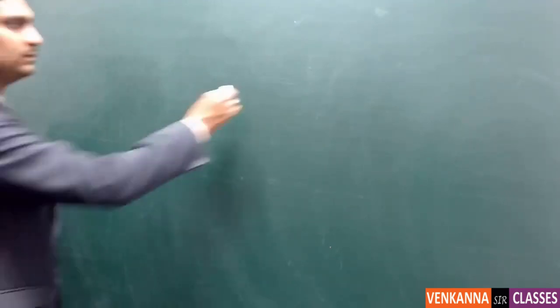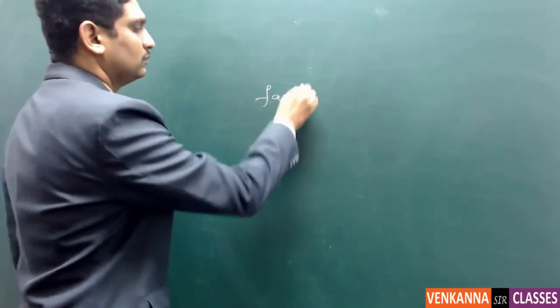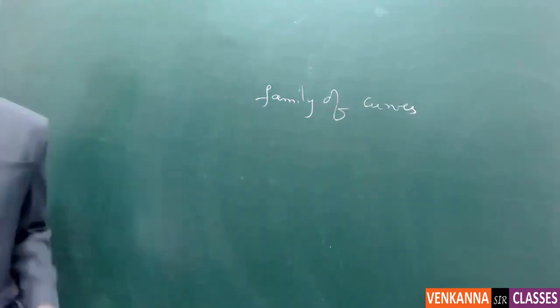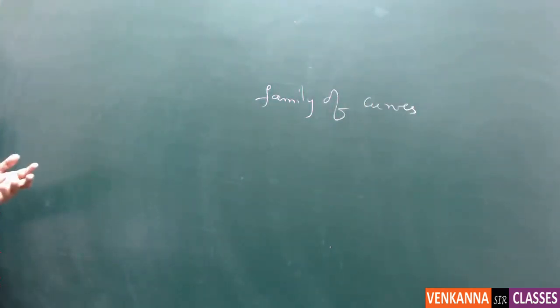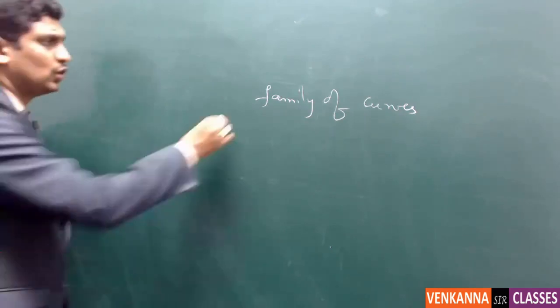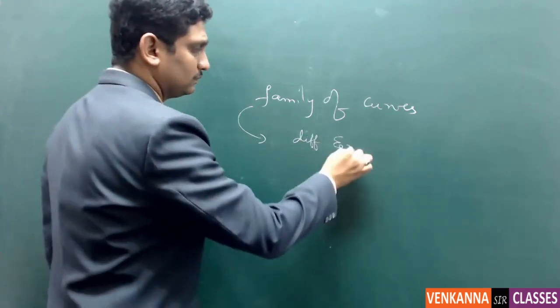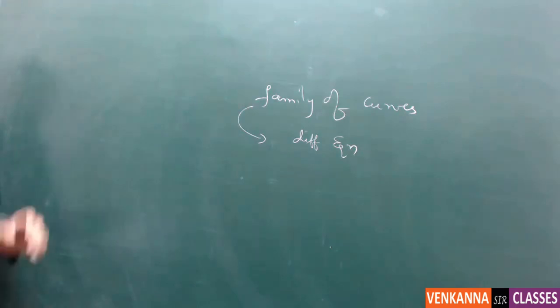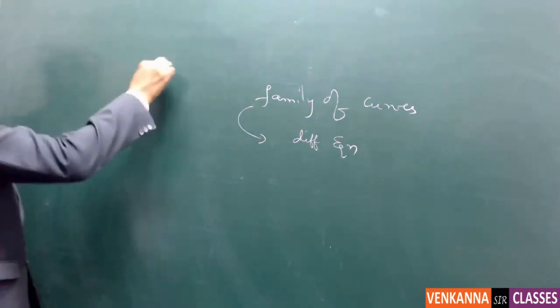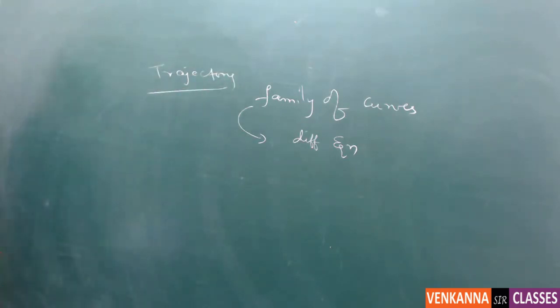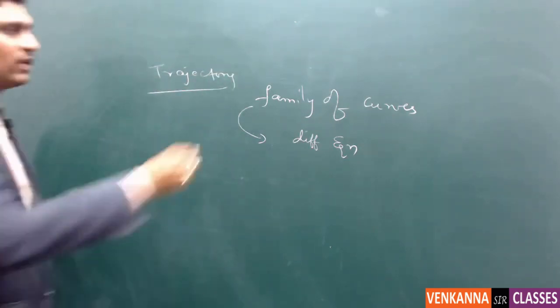Suppose a family of curves is given to us, having a parameter. By eliminating the parameter, we are going to get the differential equation of it. Now we are going to find the trajectory, nothing but the curve of intersection for the given family.